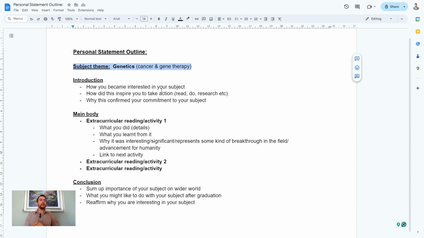The main body is where you're going to be talking about your subject specific and non subject specific extracurriculars. And generally, this is the kind of pattern that I recommend. So, what you did with details, what you learned from it, why it was interesting, or why it's a paradigm shifting event, or it represents an advancement for humanity, and then ideally how that linked to the next activity that you did.